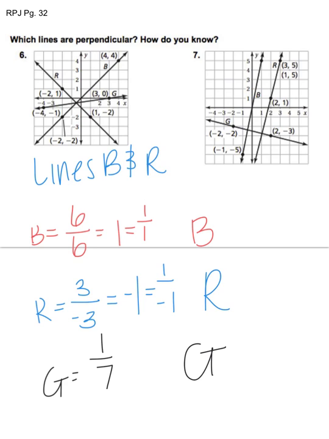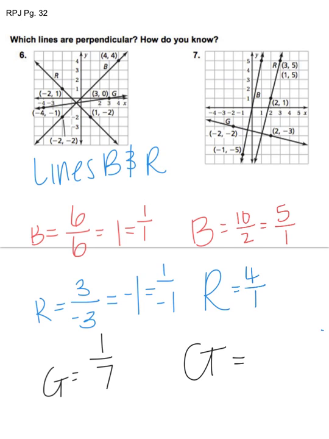Okay, for line B, you should have gotten 10 over 2, which is the same thing as 5 over 1, or just 5. For the R line, you should have gotten 4 over 1.